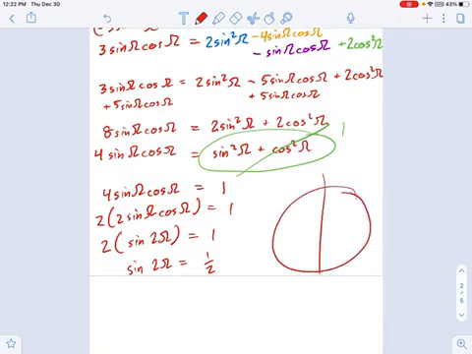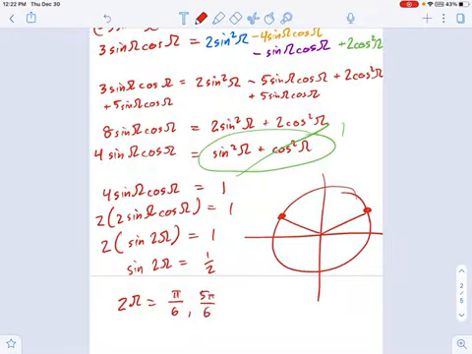And now we go to our unit circle and say, where is the sine value equal to 1/2? Remember, that's positive 1/2 as a y-coordinate. Those are these two angles right here. So that means 2 omega equals, what do we have? That looks like pi over 6 and 5 pi over 6.